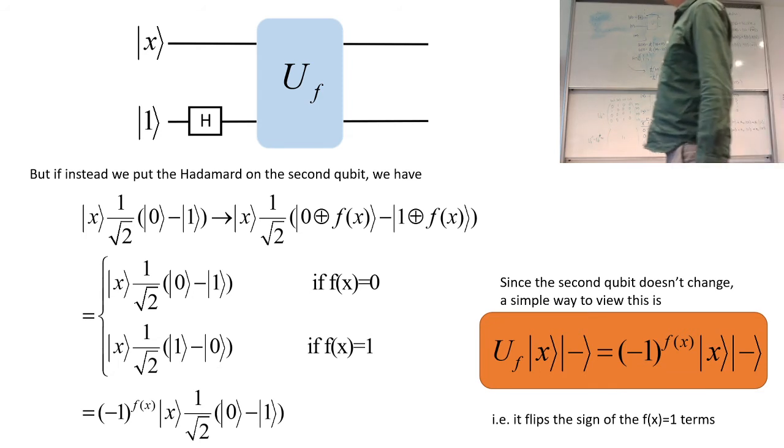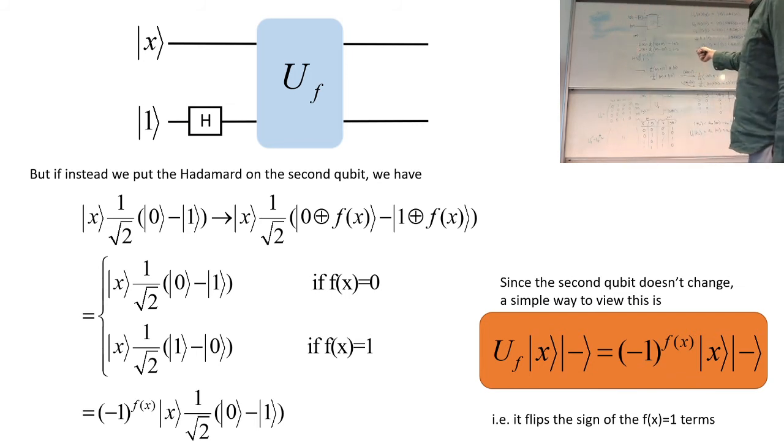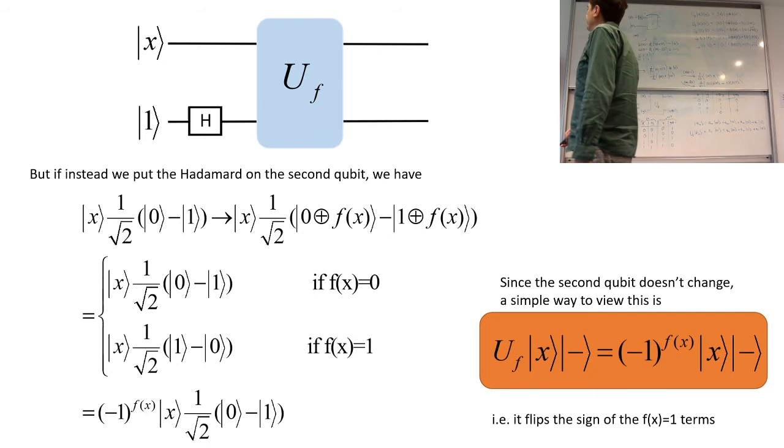So why does this work? Well, firstly, doing this part, 1 and then the Hadamard, I wrote this somewhere over here. So Hadamard on 1 actually makes this minus state. Okay. And then, how to explain it in a nice way.